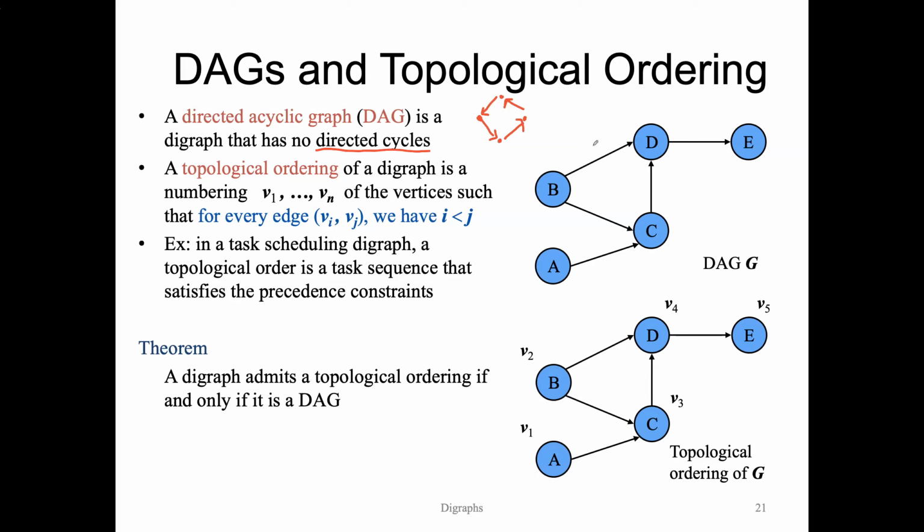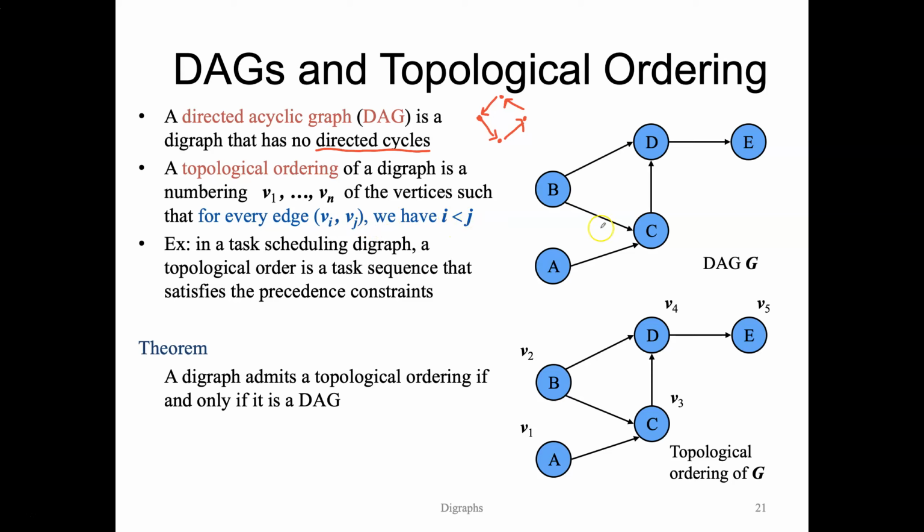Now for digraphs, directed acyclic graphs can be exactly characterized by a topological ordering. This is a labeling of vertices, so that we would label every vertex from 1 to n, so that if there's an edge from one vertex to another vertex, then the first vertex comes before the second vertex in a topological ordering.